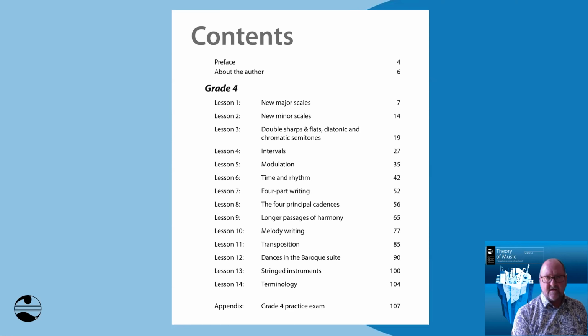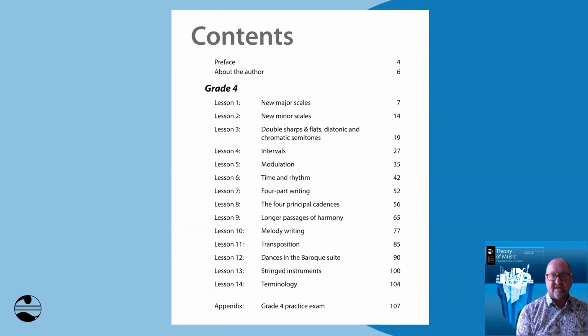Then a chapter on intervals, modulation, a chapter on time and rhythm, a refresher on 4-part writing in lesson 7, then all 4 of the principal cadences in lesson 8, longer passages of harmony, and you'll see that this chapter is necessarily a long chapter, lesson 9. Lesson 10, also a fairly long chapter on melody writing, then transposition, dances in the Baroque suite, and yes, you'll see that that is a good 10 pages worth of material there.